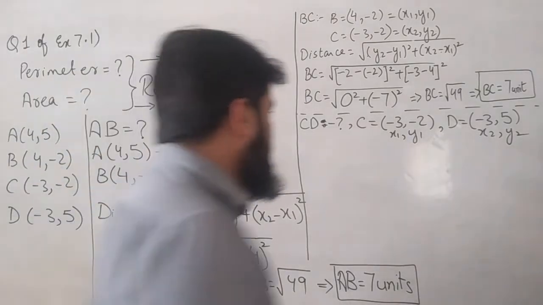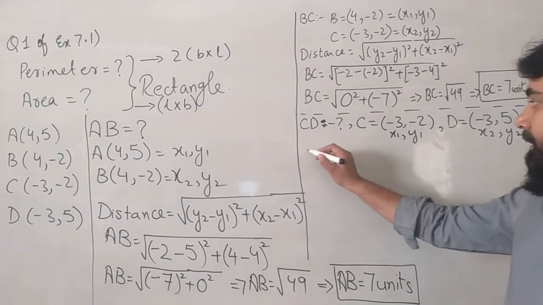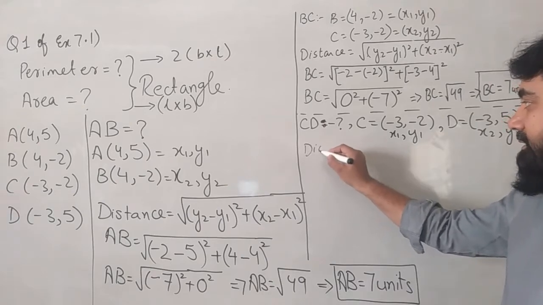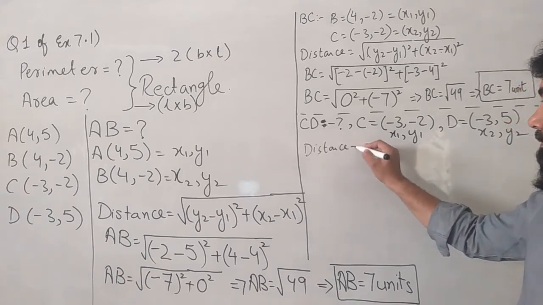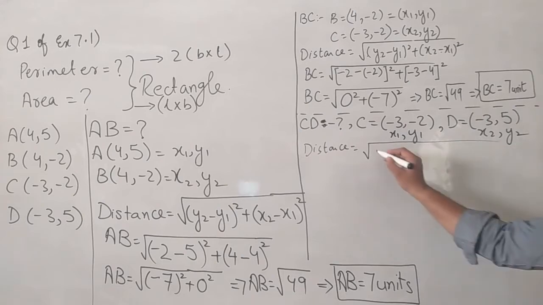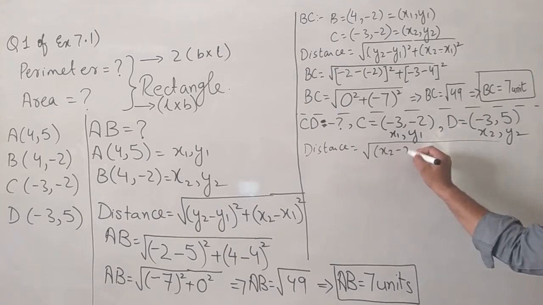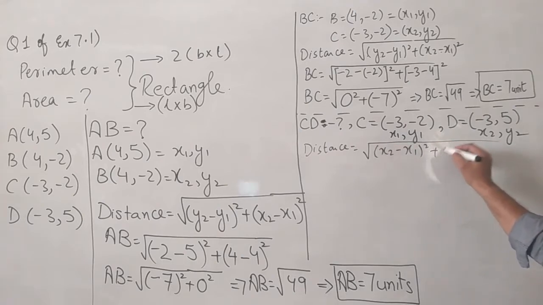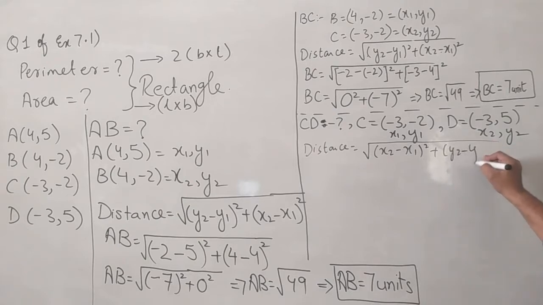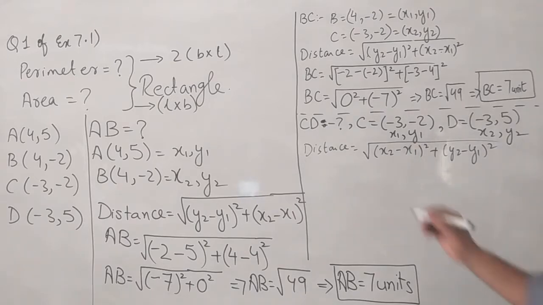Okay, so again we have to find distance. The formula is distance equals under root x2 minus x1 whole square plus y2 minus y1 whole square. Okay, that's the thing I have to find. Now what is the next thing I am going to do?